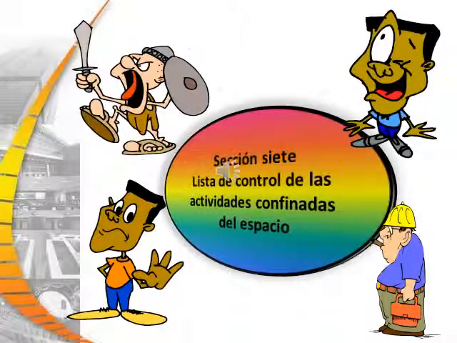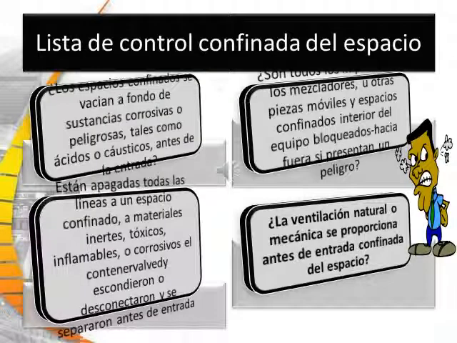Section 7, Checklist on Confined Space Activities. The Confined Space Checklist. Are all confined spaces thoroughly emptied of any corrosive or hazardous substances such as acids or caustics before entry?